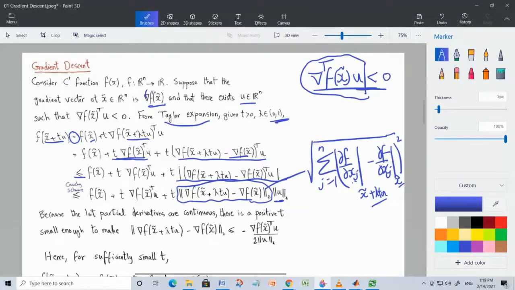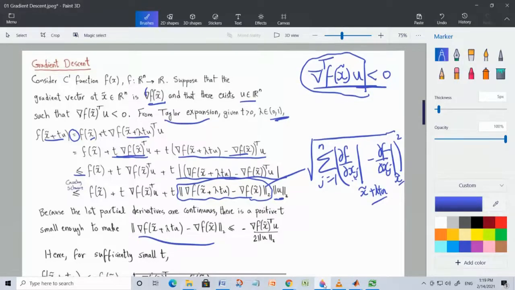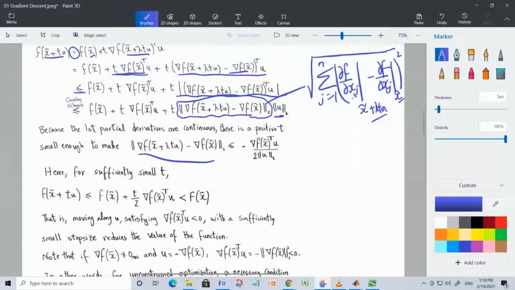We can make the L2 norm less than or equal to the negative of this quantity, which will be strictly positive, divided by 2 times the L2 norm of u. Again, by continuity, we can make this less than or equal to any arbitrary positive epsilon. So I can choose epsilon to be minus this inner product, which is positive, divided by this positive quantity. Then you insert this in this expression here.